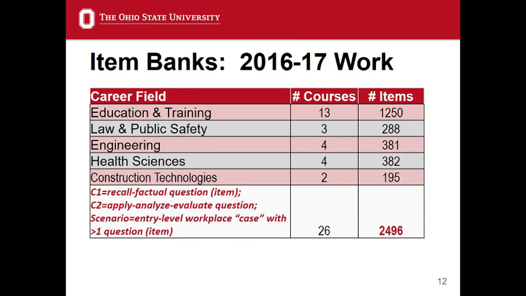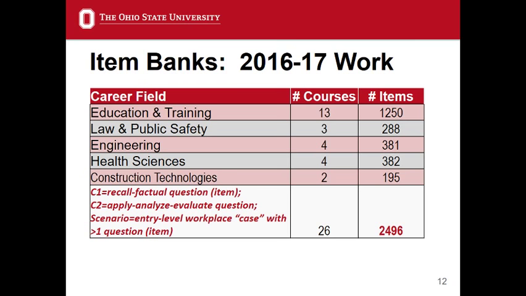Just going back a little, this is the work that was accomplished last year. The career fields are listed, the question types are listed. Education and training was the major point of emphasis, and we finished 13 courses, one of which has an end of course test plus a portfolio for teaching professions, a total of 1,250 items. We did repair and updating work for law and public safety, engineering, health sciences, and construction technologies with 2, 3, or 4 courses.